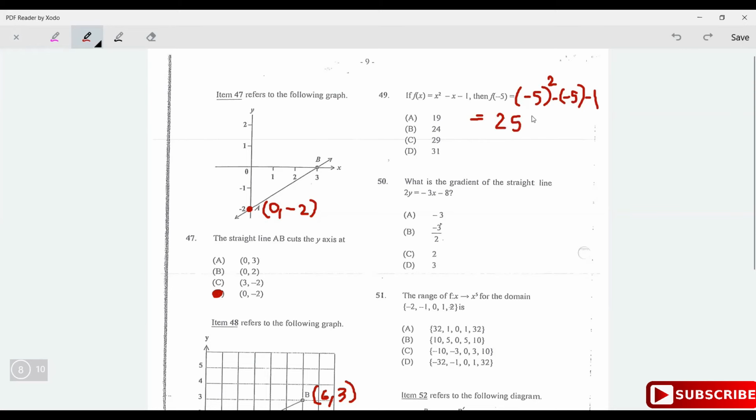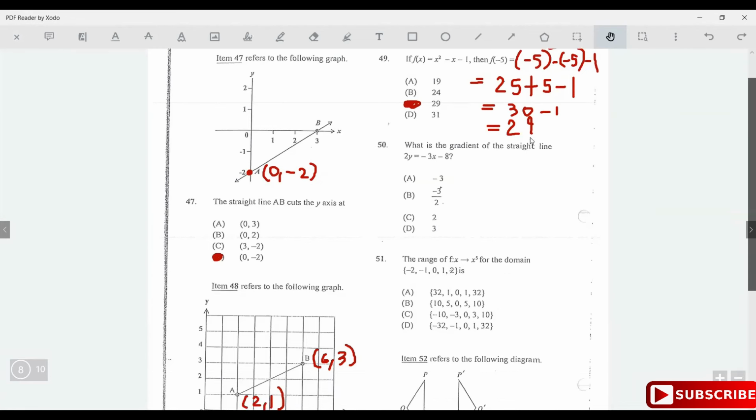Now minus minus 5 becomes plus 5, and then you're subtracting 1. So 25 plus 5 is 30, and then 30 minus 1 is equal to 29. Nice and easy, soft. So that is option C. That's question 49.